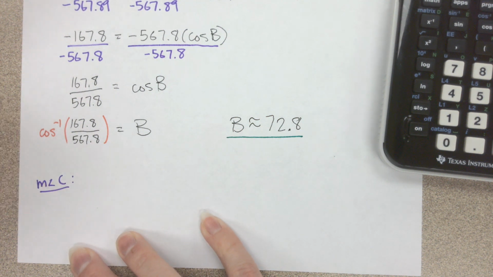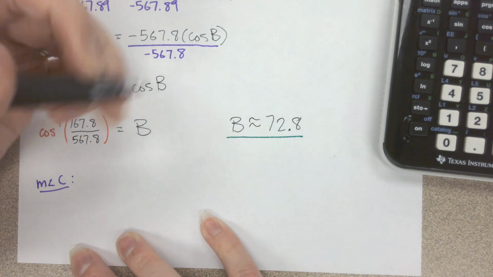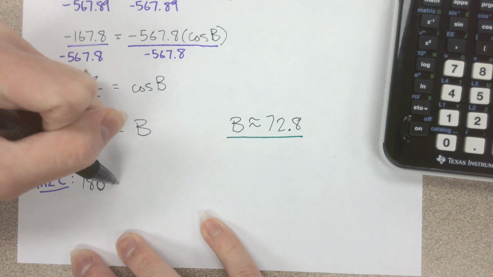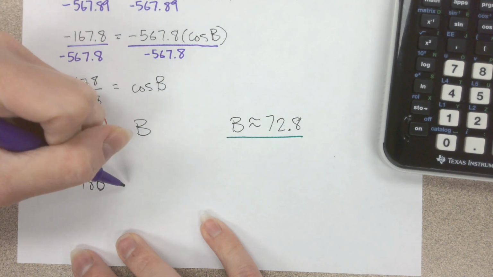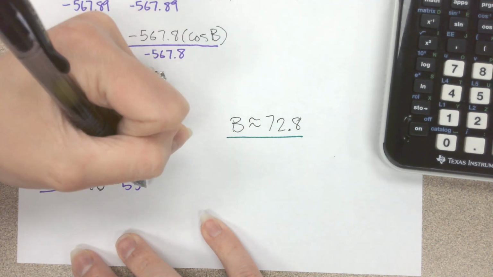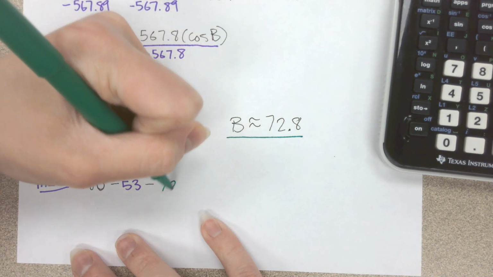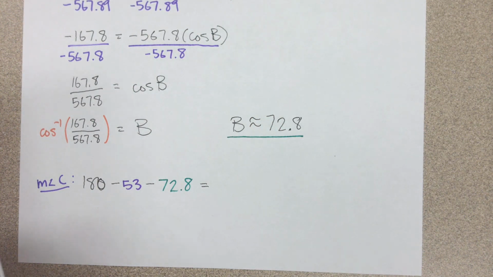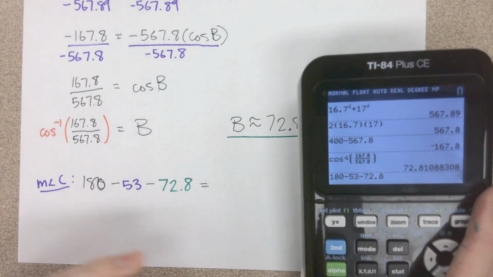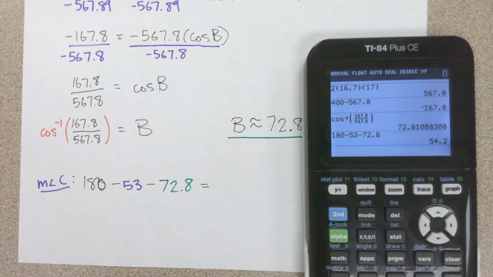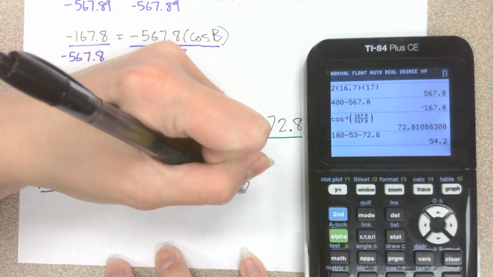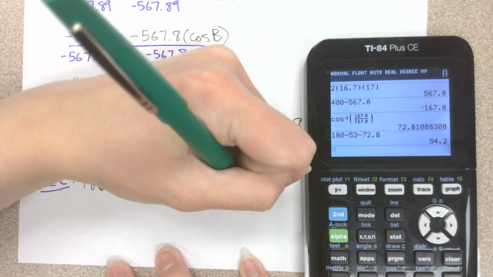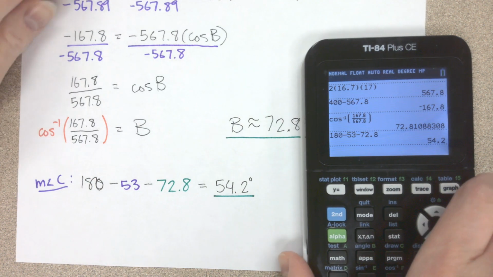Measure of angle C: 180 minus angle A was 53 degrees, minus B was 72.8. That is 54.2 degrees. That is angle C.